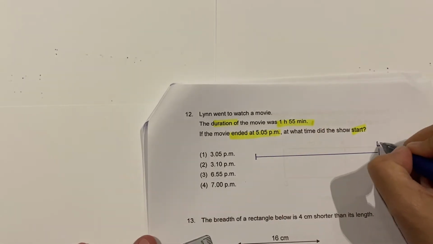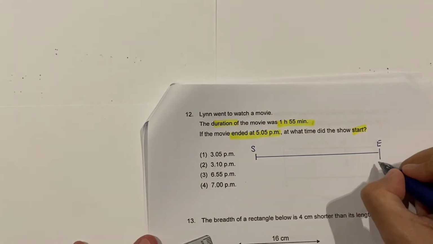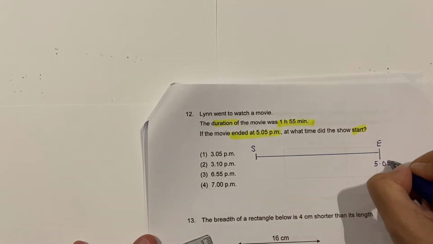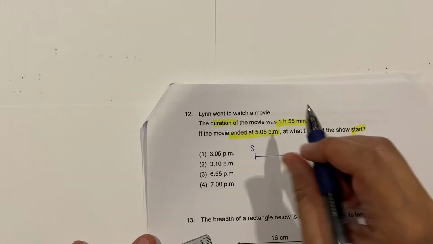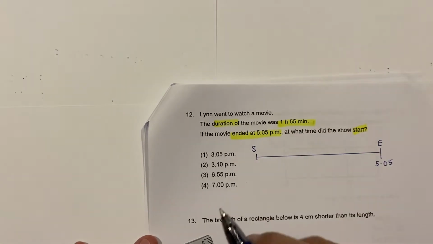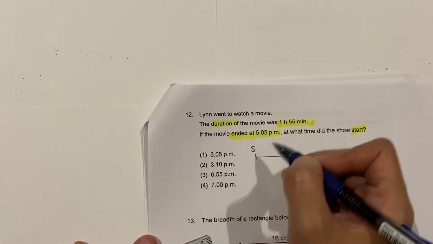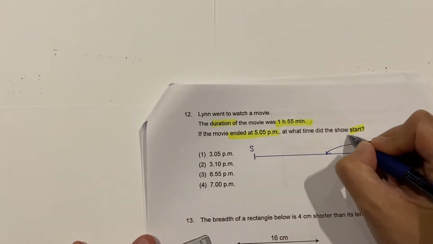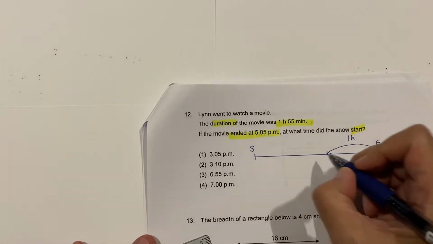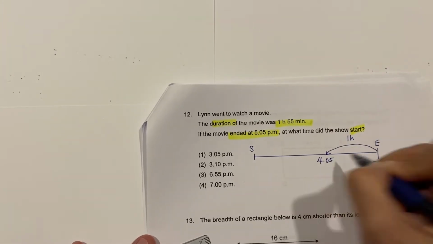So this is the end time, this is the start time. So it's 5:05. The time taken for the movie is 1 hour 55 minutes. So what I do is I count backwards. 1 hour before 5:05 will be 4:05.